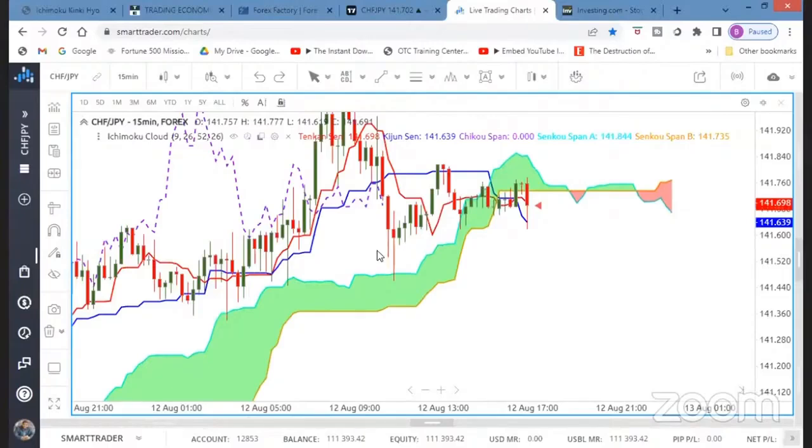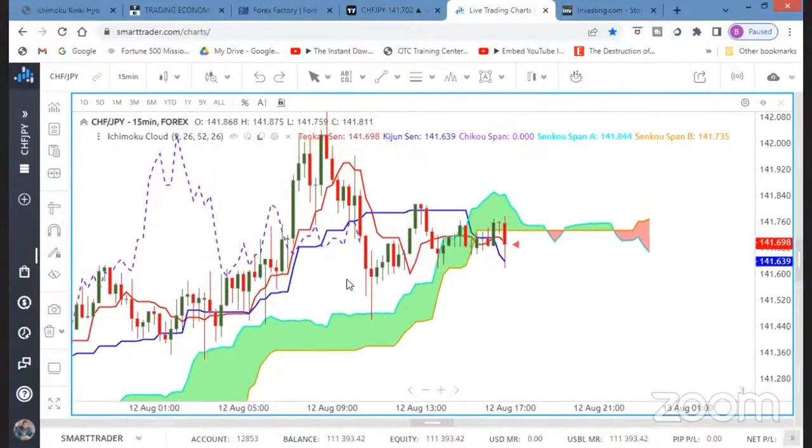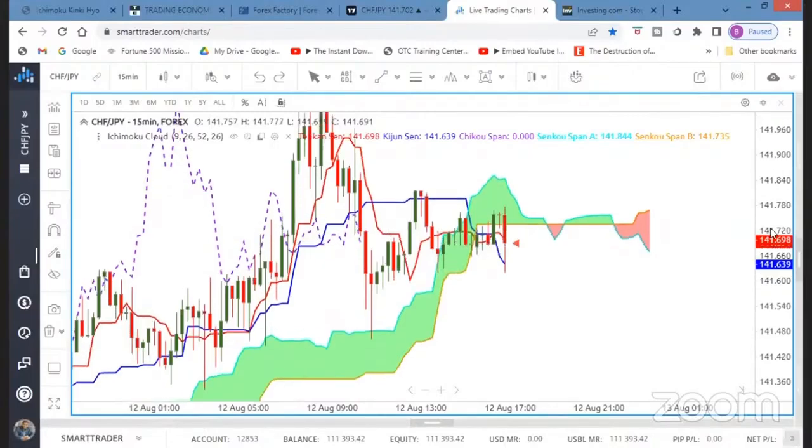That's a great observation. And you can see how, because we're moving into the weekend, Friday, things slow down usually in the afternoon, unless there's a major fundamental occurrence. You see how it started to move sideways and moving through your candles. So Ryan is right on the money, because look, you got a bearish cloud up ahead. You see how these are flat?